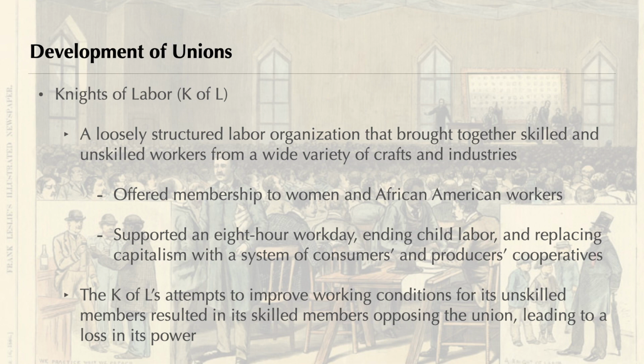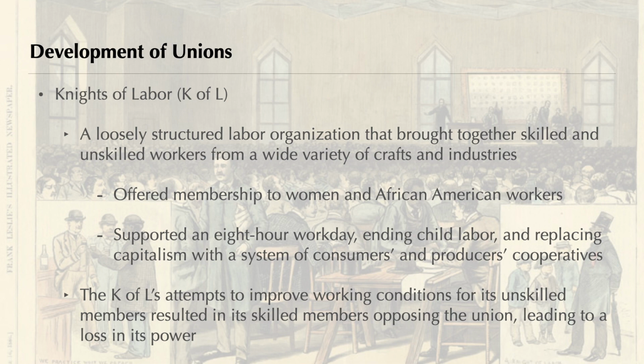At the height of its power in 1886, the Knights had nearly 700,000 members. The Knights of Labor supported setting an 8-hour workday, ending child labor, and replacing capitalism with a system of consumers and producers cooperatives. The Knights worked to achieve social and political reform through a combination of marches, demonstrations, and violent protests.